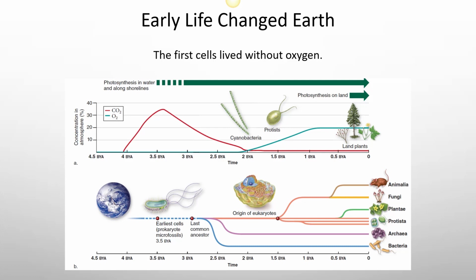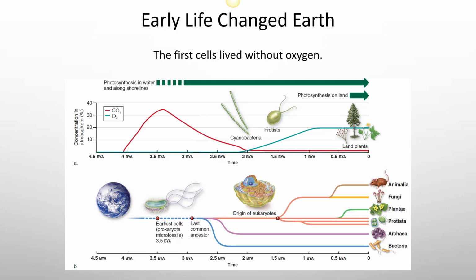Now, those species that could survive in the presence of oxygen were pumping out oxygen as a waste product, and eventually, once oxygen filled enough of the environment, then we had a huge burst in the origin of new species.